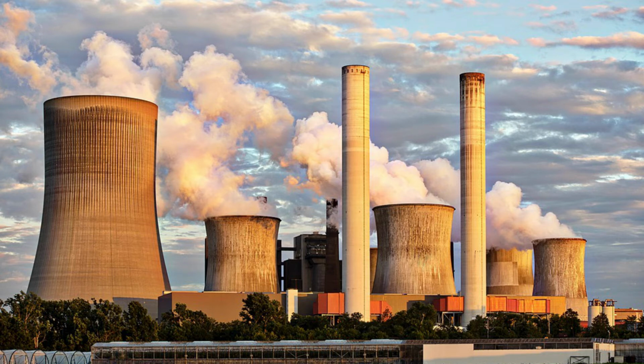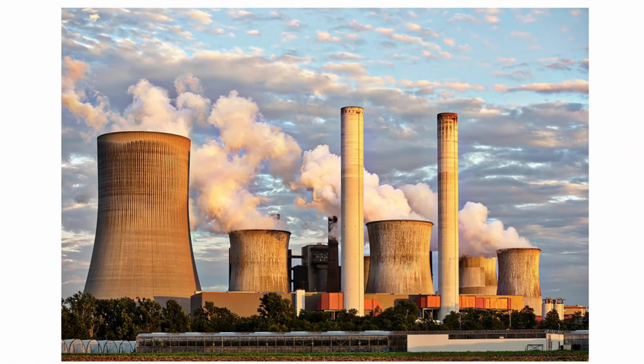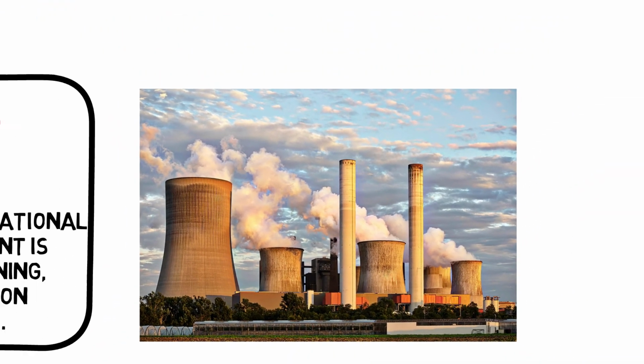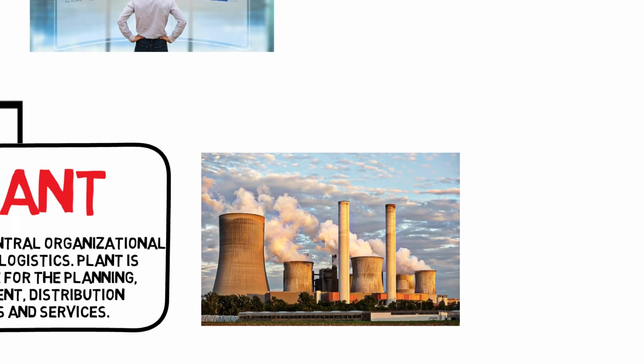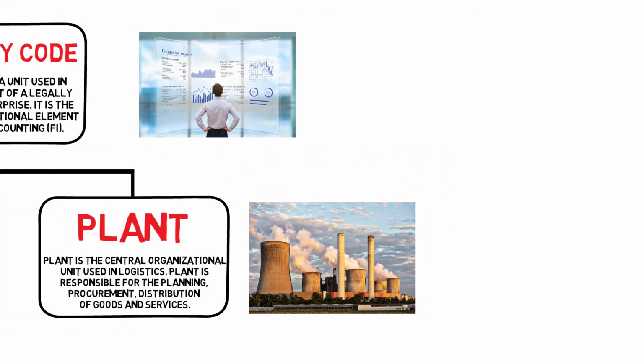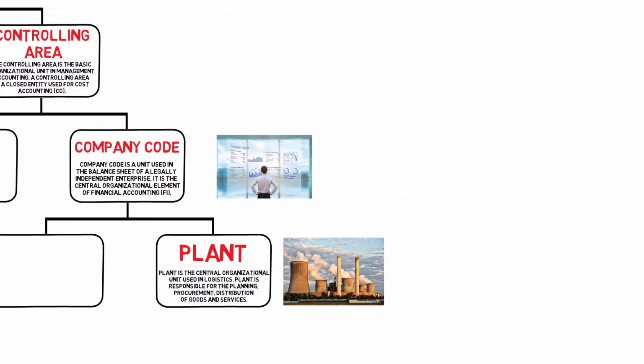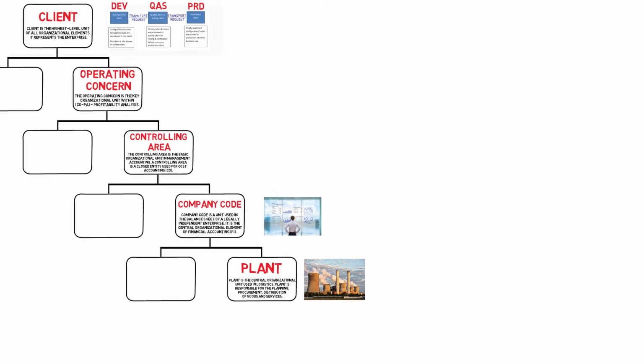You can use the plants to control production, where the production facility is available, inventory, where the stocks of materials are managed, and maintenance, where the maintenance of goods takes place. Plants are organizational units used in SAP logistics components: material management, production planning PP, sales and distribution SD, plant maintenance PM.